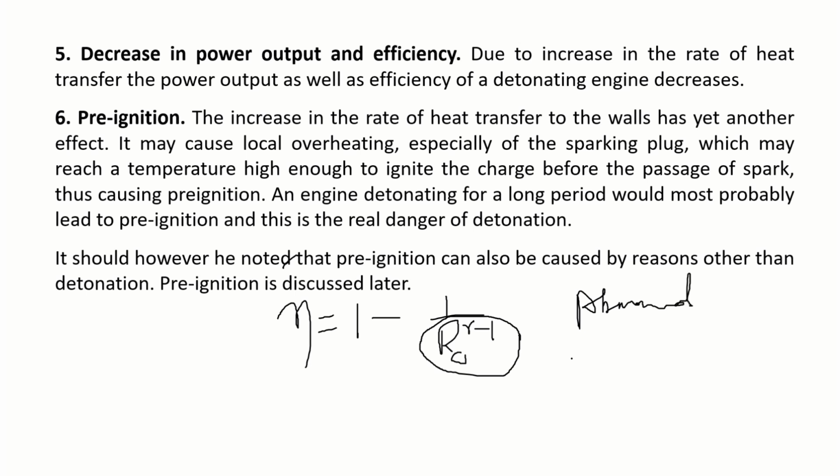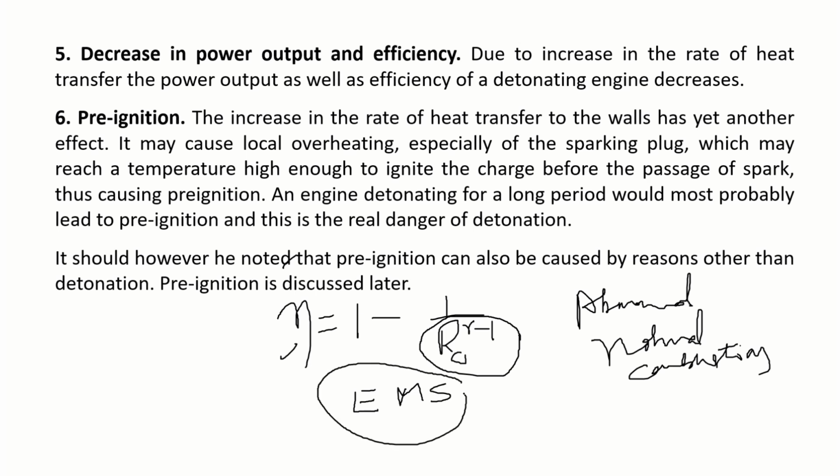How to design the engine so that I use the optimum compression ratio, so the efficiency is optimized and still normal combustion happens. This is what present day engine management systems are trying to do.